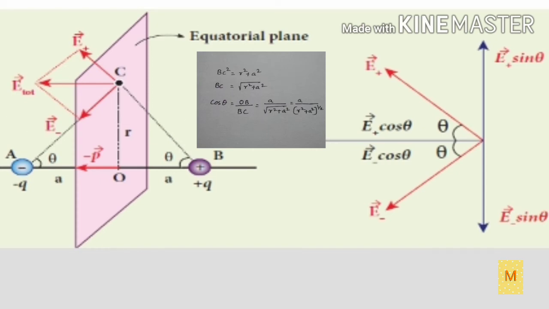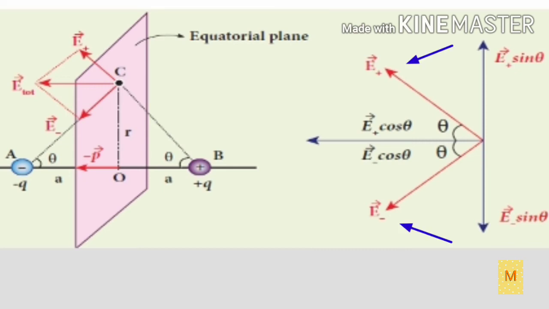The direction of electric field acting along BC and the direction of electric field acting along CA will form an angle theta with the axis which is passing through the dipole. Here cos theta can be calculated as adjacent side by hypotenuse, which will become A by root of R squared plus A squared. Electric field due to the charges plus Q and minus Q at a point C, which is nothing but E plus vector and E minus vector, will be resolved into two components.